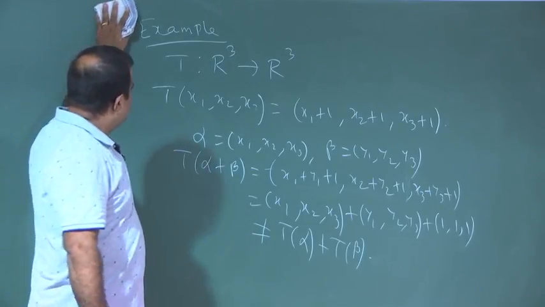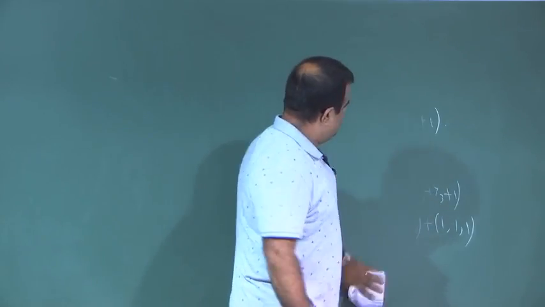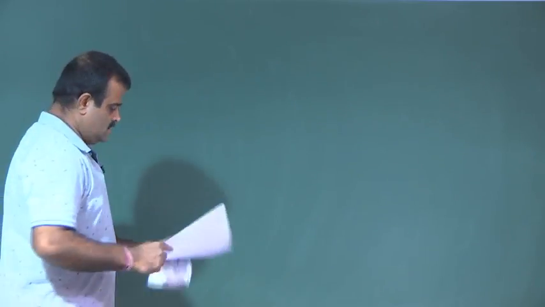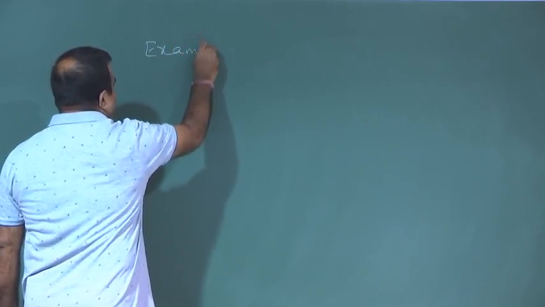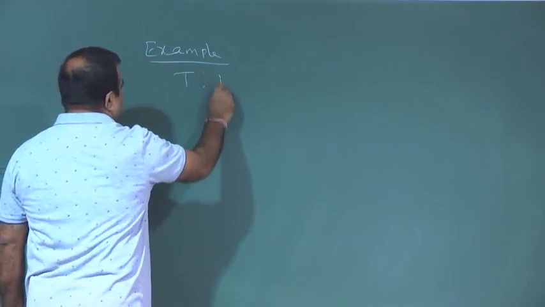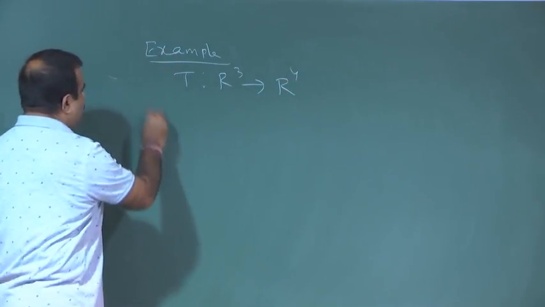Okay. We can take another example, from R^3 to R^4. How are we defining this mapping?